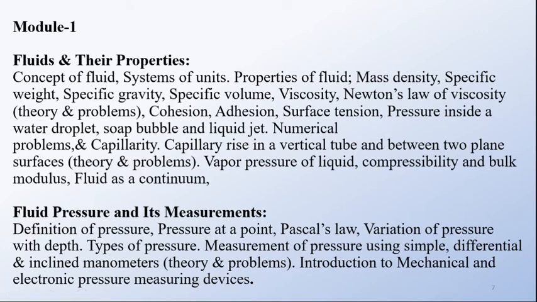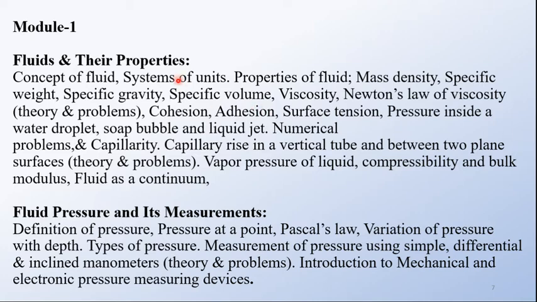For the subject fluid mechanics, the syllabus is put into 5 modules as usual. Here there is module number 1, which has 2 parts. You can see fluids and their properties in the first part, and fluid pressure and its measurements as the second part. So in my course outcomes, I have taken this whole thing as the first CO, course outcome.